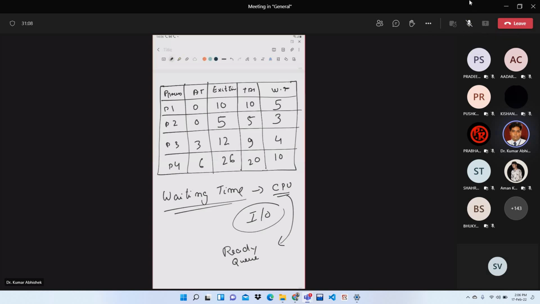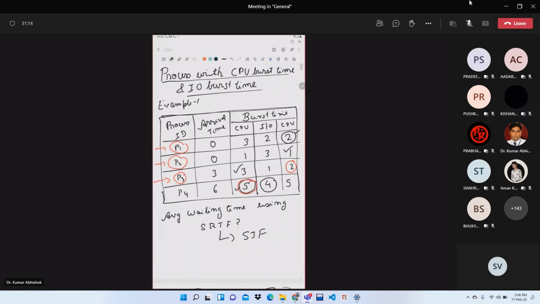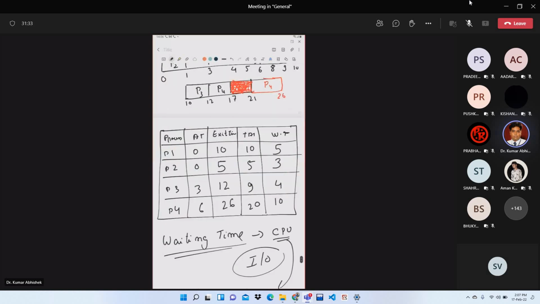So it is related to the ready queue, not when I am talking about this one, IO. This is related to which queue? This is my waiting queue. So I will be only considering the CPU burst time, because in these two times I will be in the ready queue. So that is why we are considering only the CPU burst.